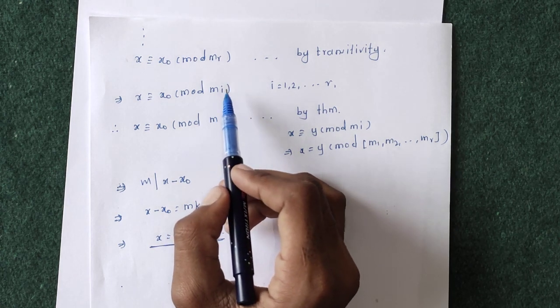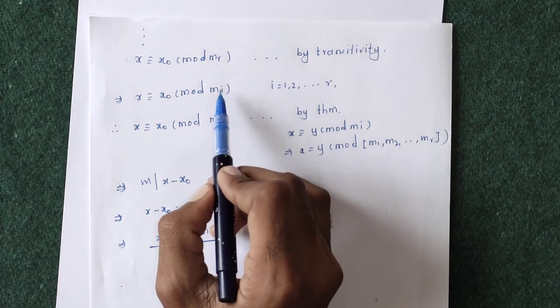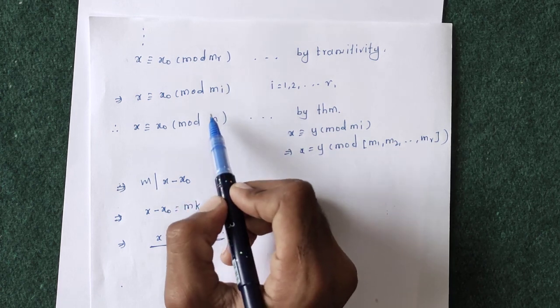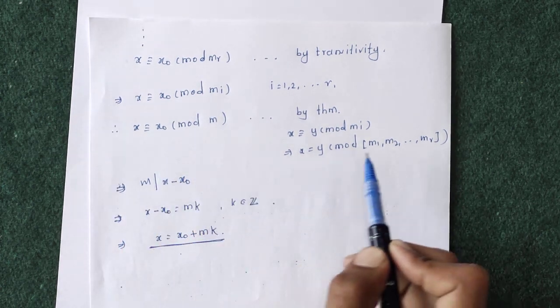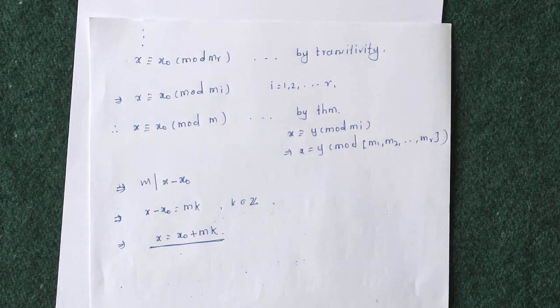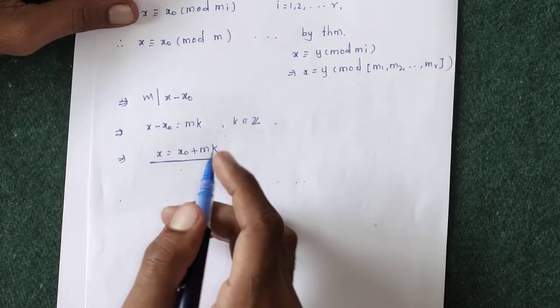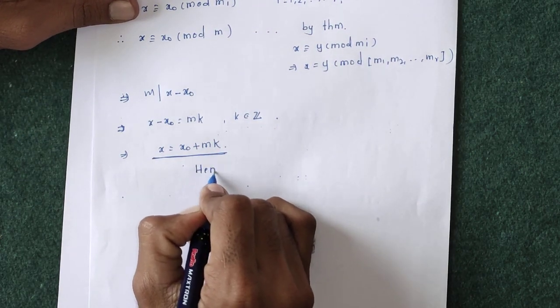Then their LCM is the multiplication of these integers, and the multiplication of m1, m2 up to mr is m. So x is congruent to x naught modulo m. Using this result and using the definition of congruence and divisibility, we get x equals x naught plus mk, where k is an integer. Hence the proof of the Chinese remainder theorem.